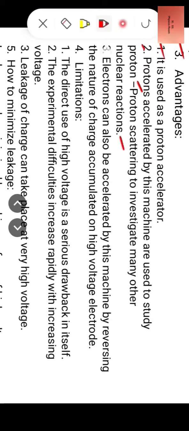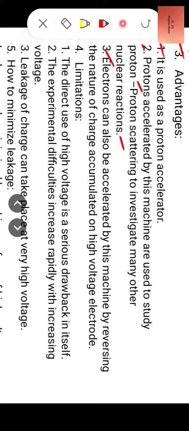Number 3, electrons can also be accelerated by this machine by reversing the nature of charge accumulated on the high voltage electrode. If we give negative charge to the high voltage electrode, then we can accelerate electrons with this machine also. These are 3 advantages of Van de Graaff high voltage generator and particle accelerator.